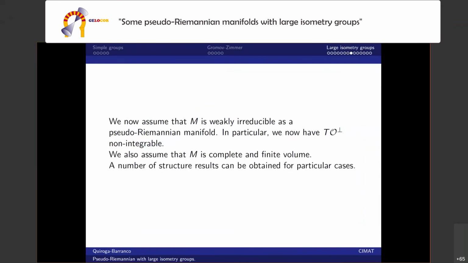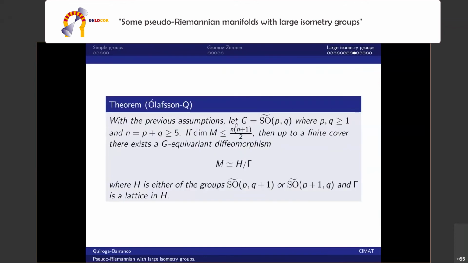And a number of results in particular cases can be obtained. For example, if G is the special orthogonal group of signature (p,q), and the dimension of the manifold is less than or equal to this number, then something similar as before: up to a finite cover, G-equivariantly, the manifold is diffeomorphic to the next special orthogonal group modulo a lattice.